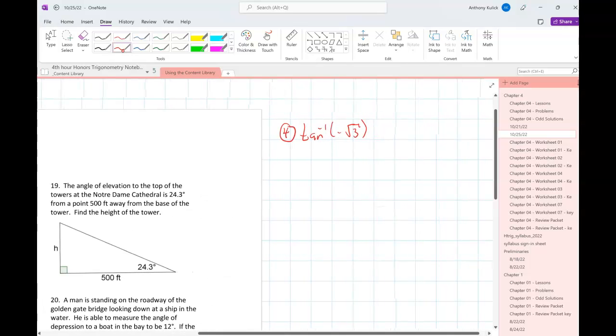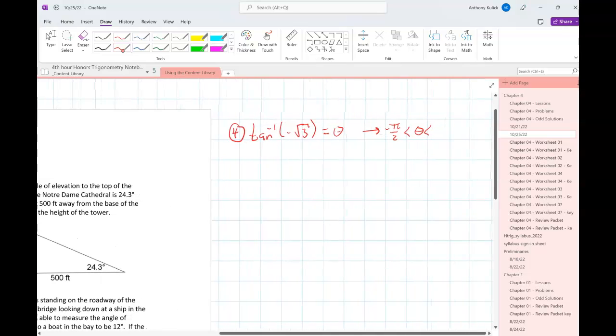In that case, what do we use? The fundamental range for the tan inverse function, right? So that really is going to be from negative pi over 2 to positive pi over 2.